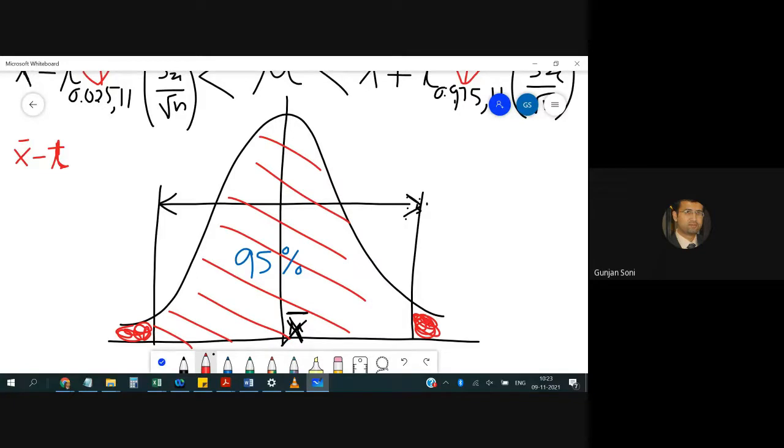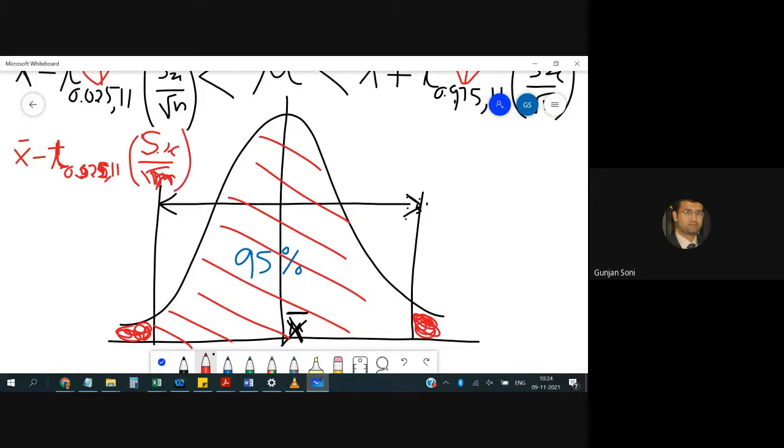So till this point, it is represented by 0.025 comma 11, where 11 is the degrees of freedom, one less than the number of observations, times Sx by root n. Sx is your sample standard deviation.